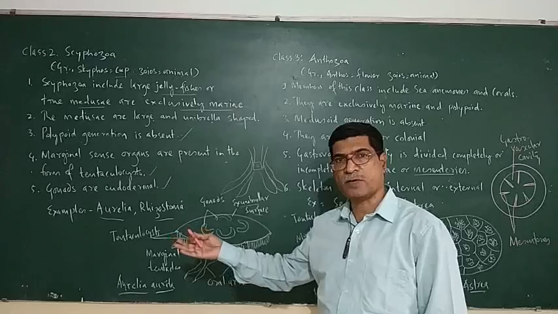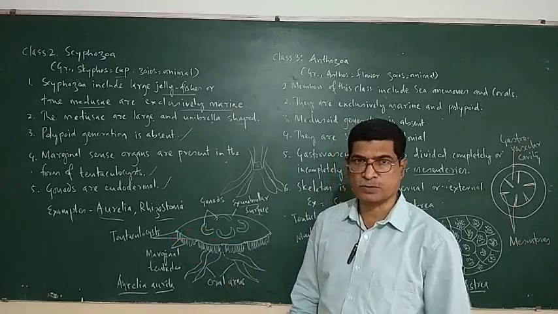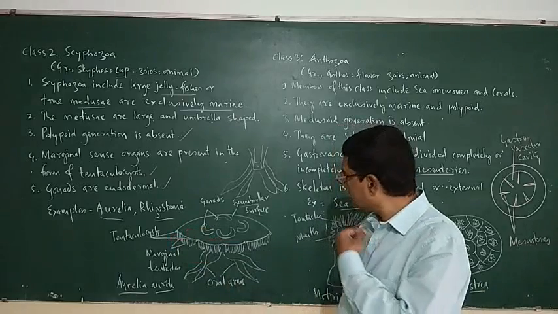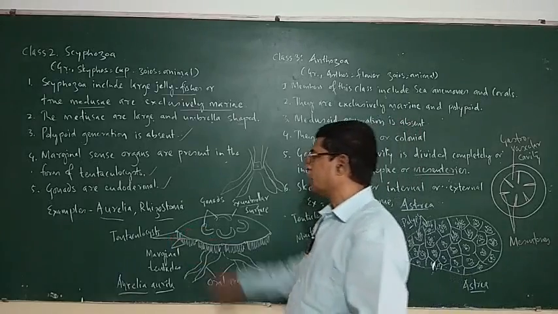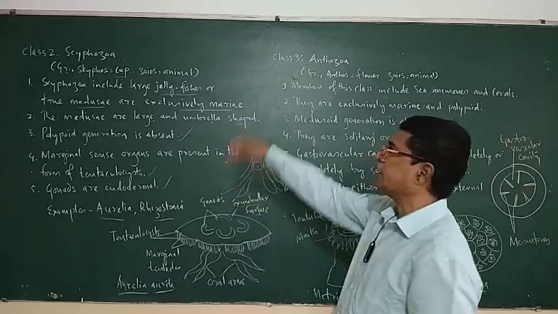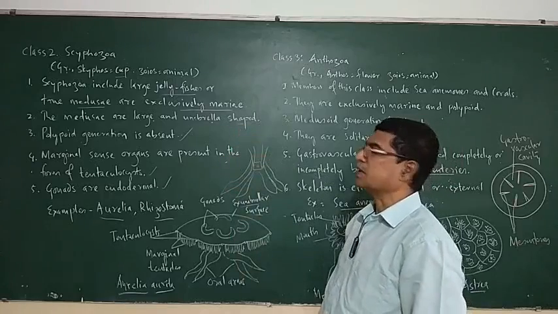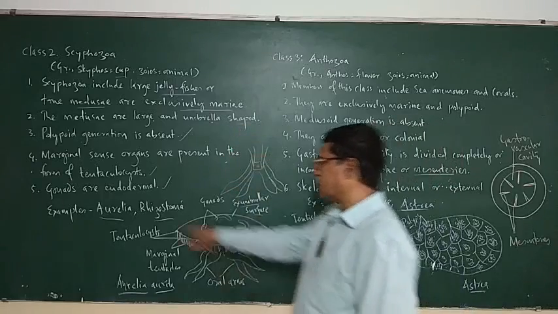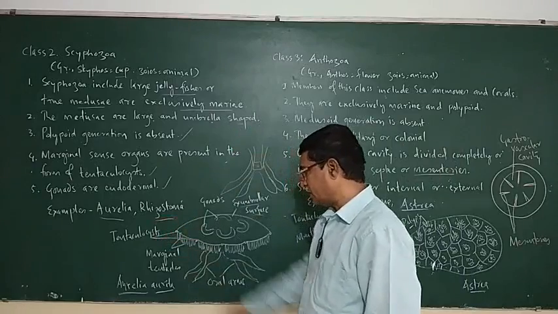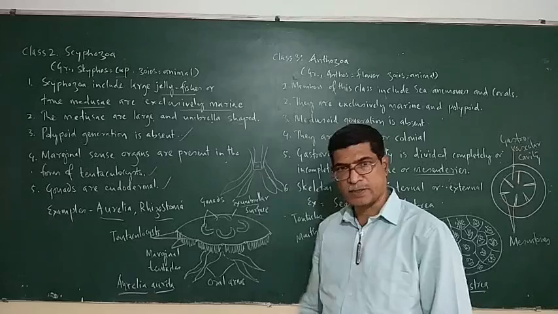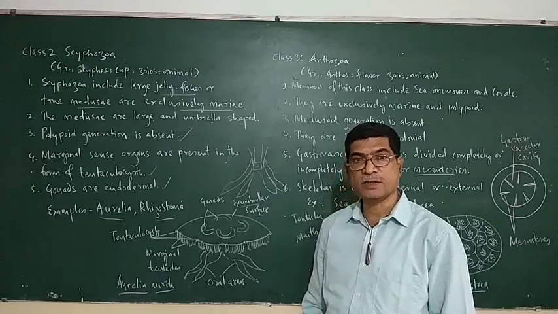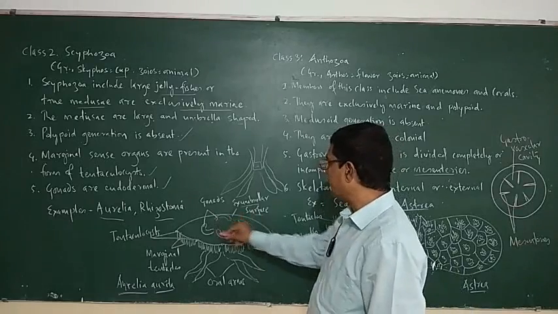From the gastrovascular cavity, they are released out through the mouth. So that's about the general characters of class Scyphozoa. Example: Aurelia aurita, Rhizostoma. This is Aurelia aurita, commonly known as jellyfish.